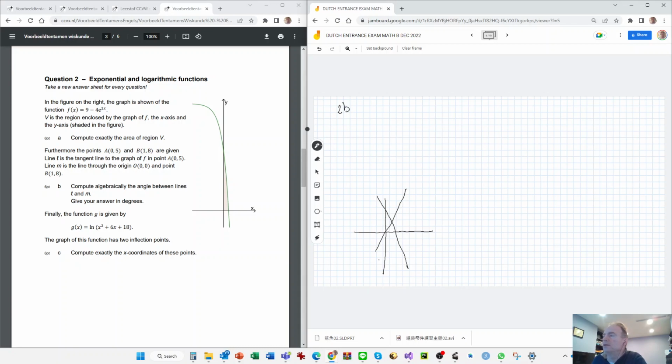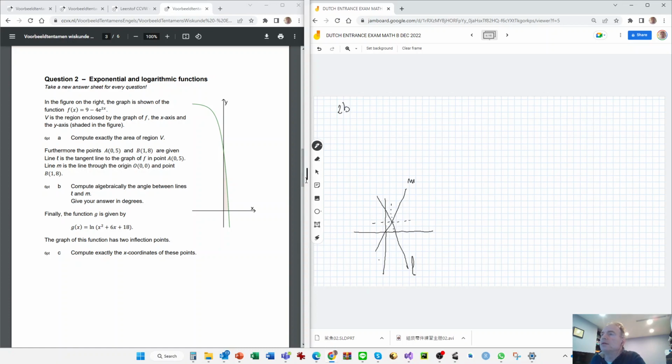Well, it's a very bad representation. And what you can do is, let's draw a line here. This is the line, I call it line L, is a tangent, and this is line M.